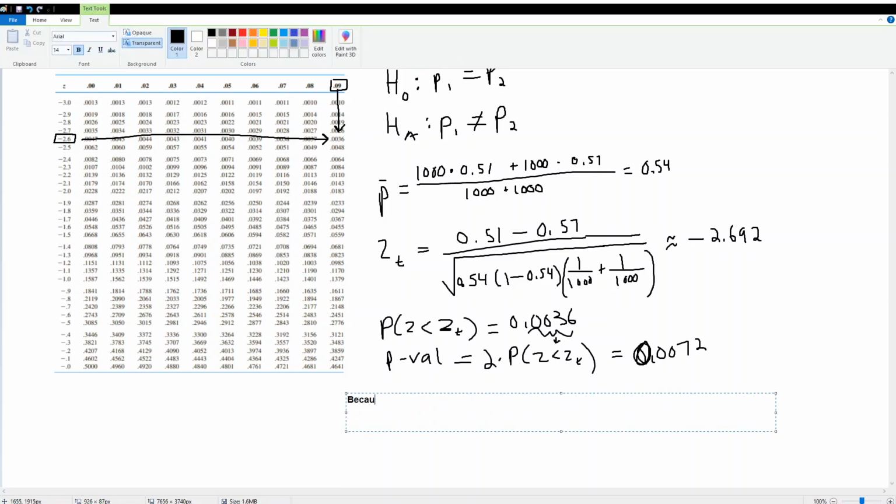So, because our p-value of 0.0072 is below the level of significance of 0.05, we reject the null hypothesis that the two polls essentially came from the same population.